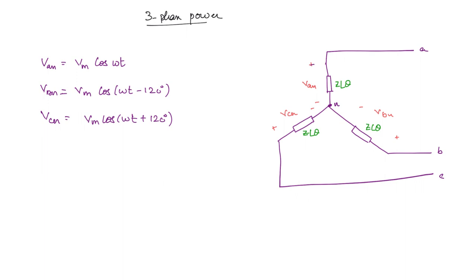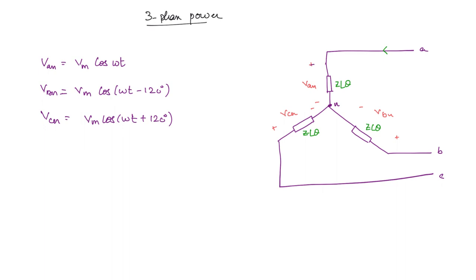Next, we need the currents. The phase current and the line current are going to be the same. Now the line current or the phase current will be flowing into the load, right? For the source, when we had taken the star configuration, this current was coming out of the lines because that was the source. But now we are considering the load, so current is being delivered to the load.